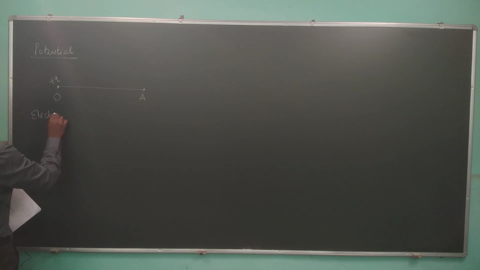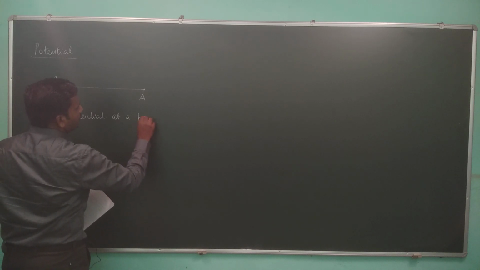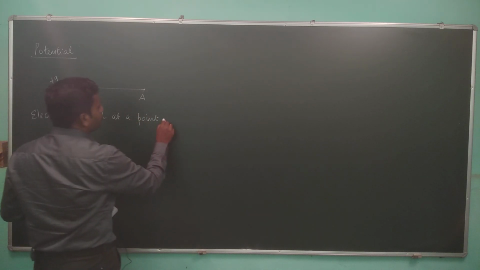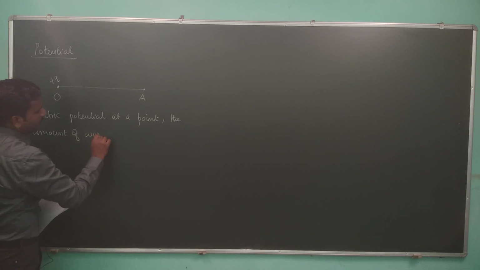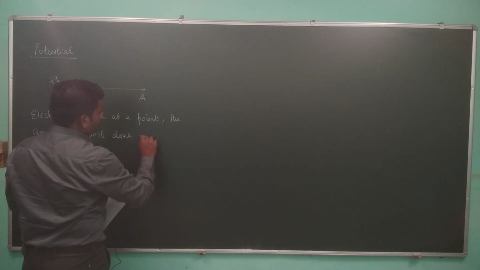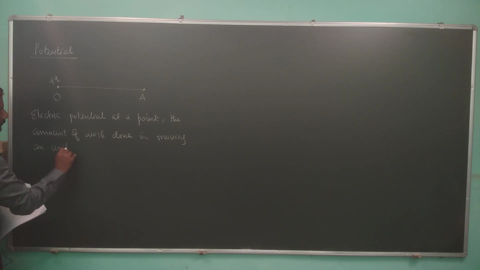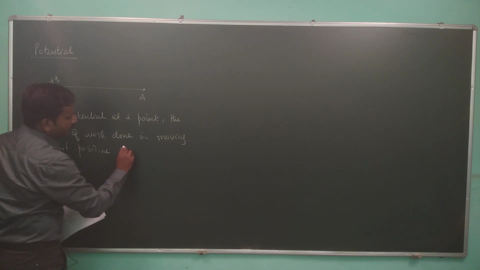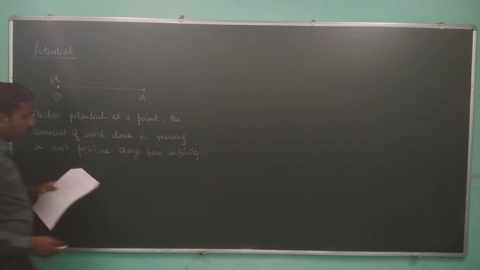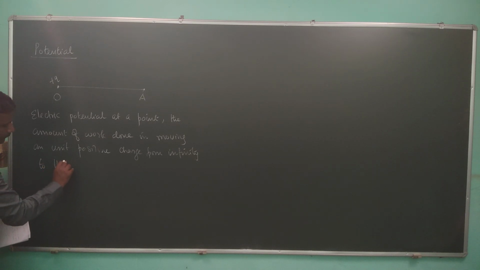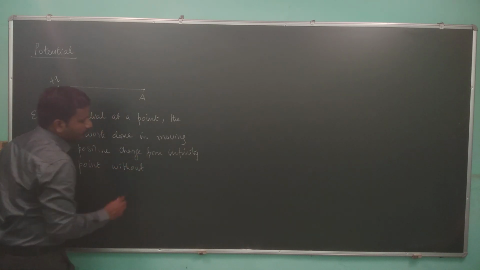That is, electric potential at a point is defined as the amount of work done in moving a unit positive charge from infinity to that point without acceleration.